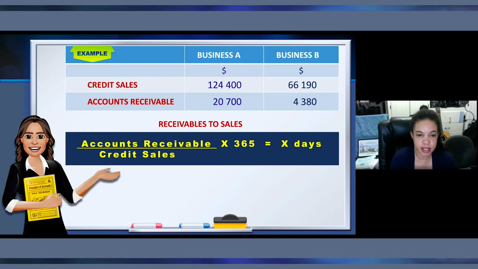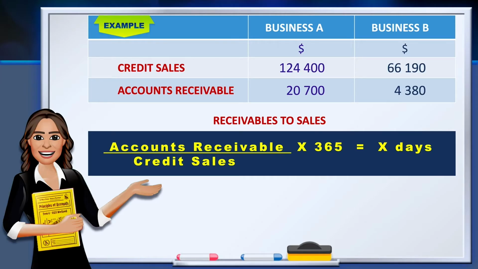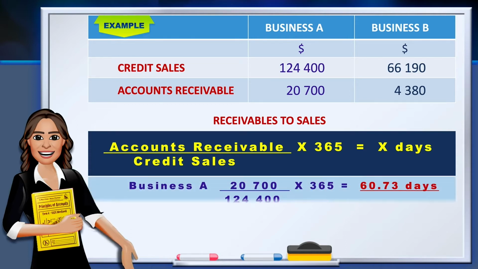So using this formula, you are now going to work out the receivables to sales ratio for business A and for business B.